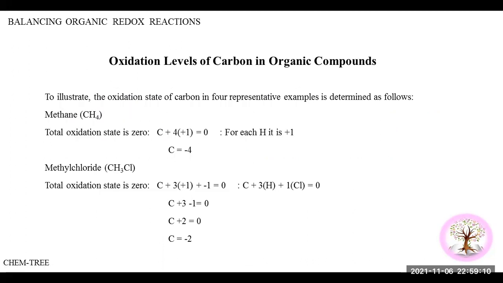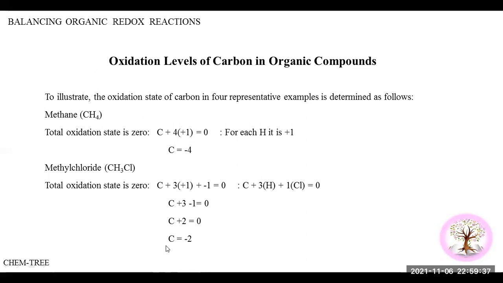Here are some simple examples. You can calculate the oxidation level of carbon in methane by putting +1 for 4 hydrogens, so for carbon it is -4. For methyl chloride, you write +1 for 3 hydrogens and -1 for 1 chlorine, because it is a heteroatom.